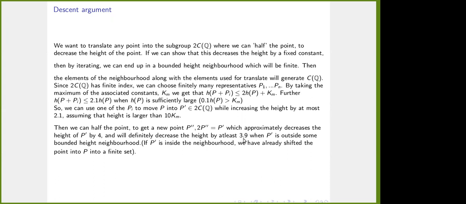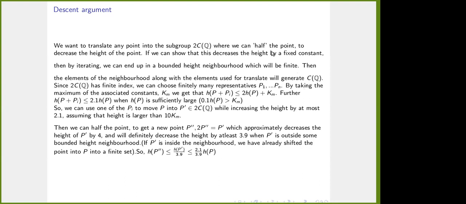So you end up in a ball whose height is shrunk by the constant C, with C equal to 2.1 over 3.9. We can keep on iterating until we end up in a finite ball. And once we end up in the finite ball, you can pick the generators as essentially all the elements in the finite ball, plus the generators which you're using to translate.